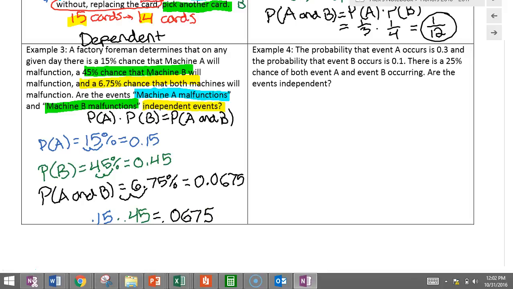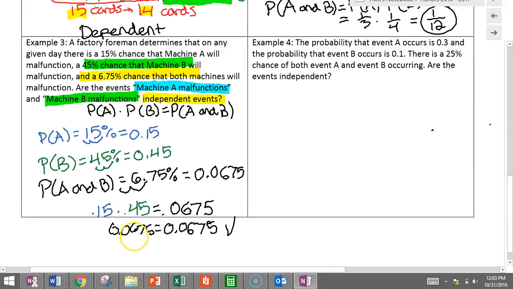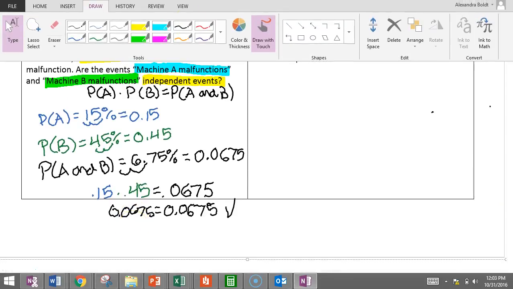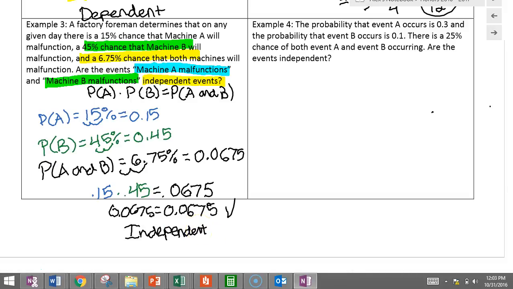When I multiply those, I get 0.0675 equals 0.0675. So I can write a check there. Yes, these are independent. Since those are equal, we can say independent.